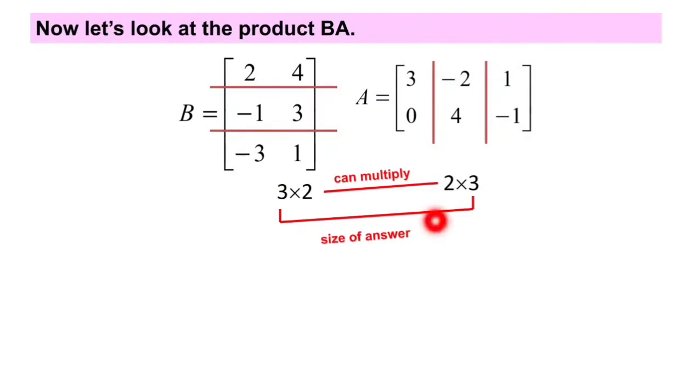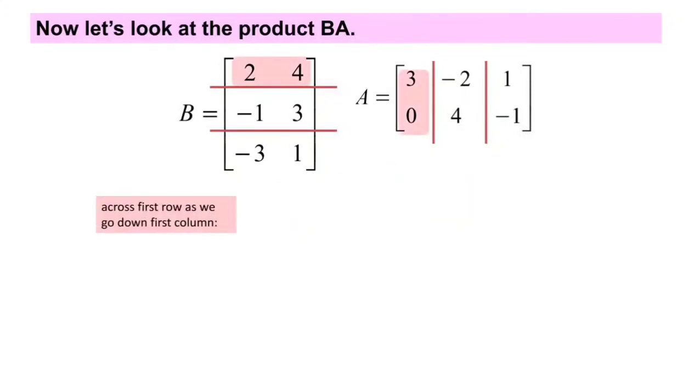We see here the number of columns of B matrix is equal to the number of rows of A matrix. These two are equal, so the multiplication exists. So what is the order of BA? That is 3 by 3. The dimension or size of BA is 3 by 3.